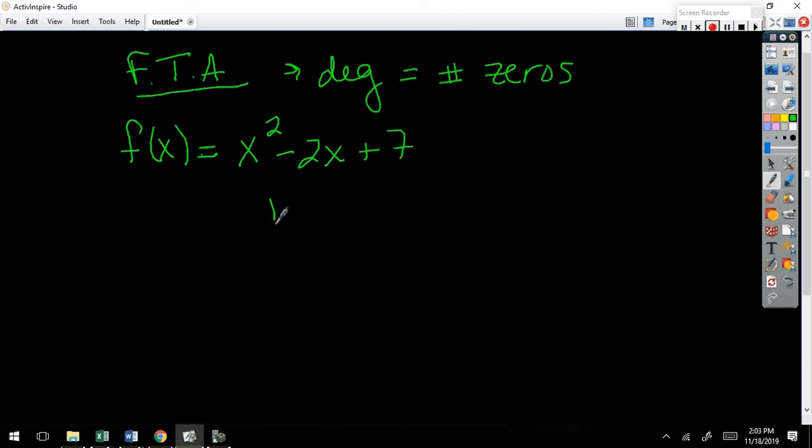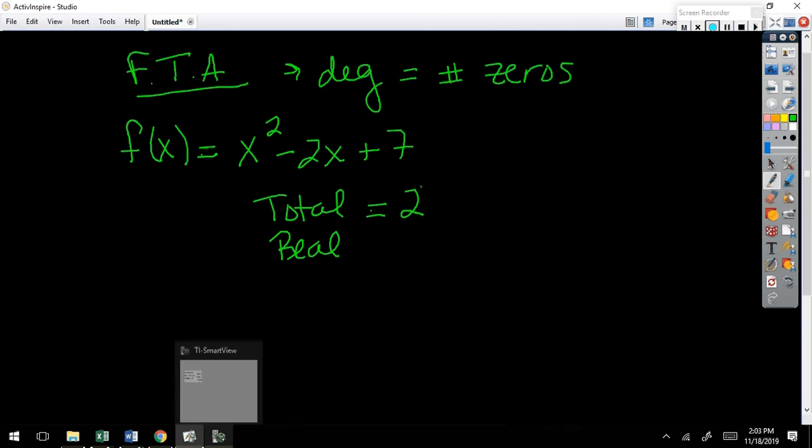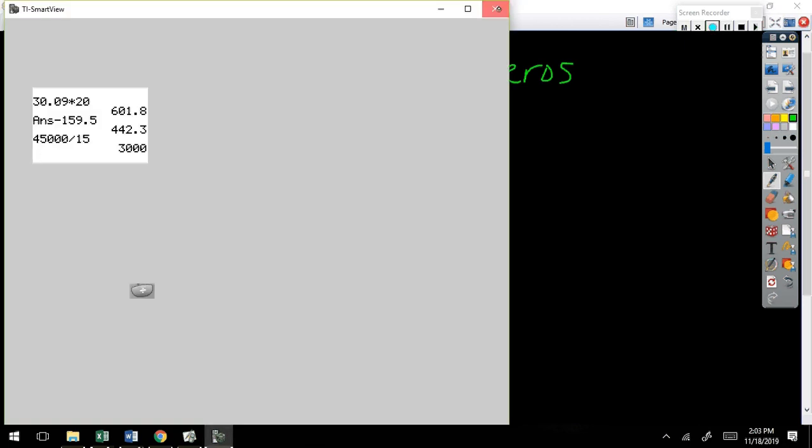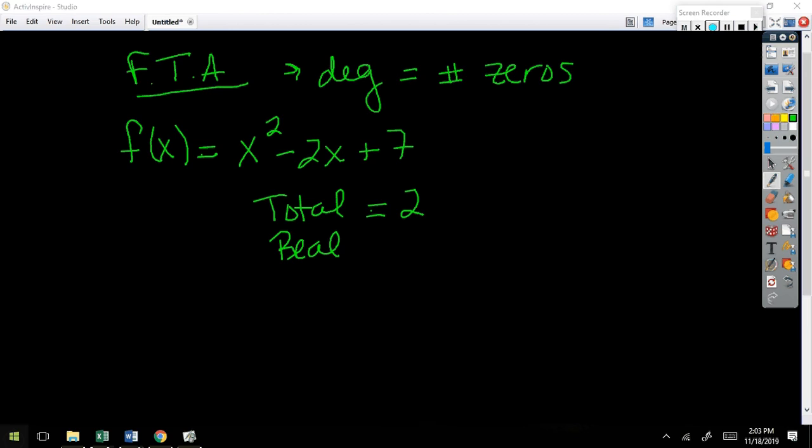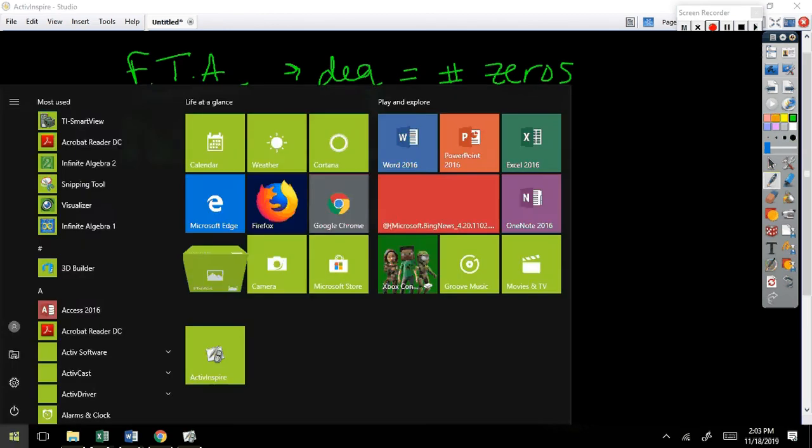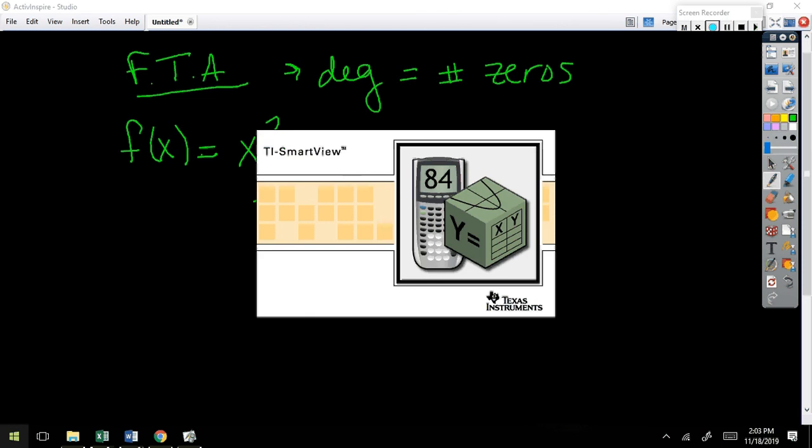So to find out how many real and imaginary I have, I'm going to actually graph this. Let's see if I can get my calculator to come up here without being frozen. So I'm going to graph this equation.